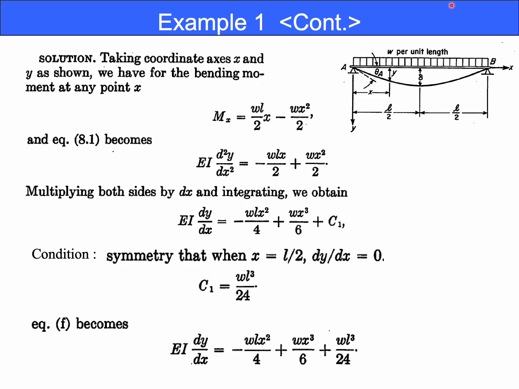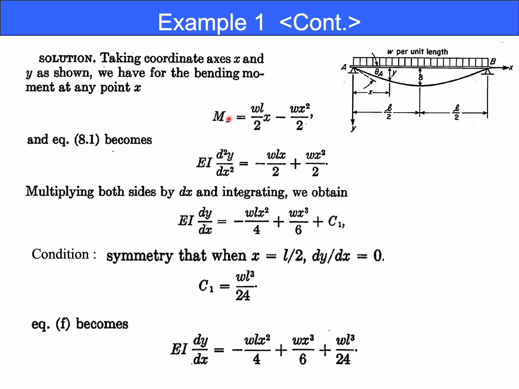The distributed load can be replaced with a force at x over 2 with the magnitude wx. So it gives the moment w x squared over 2, in the opposite direction.